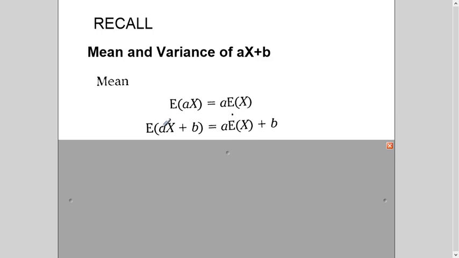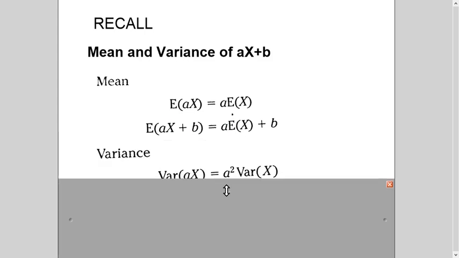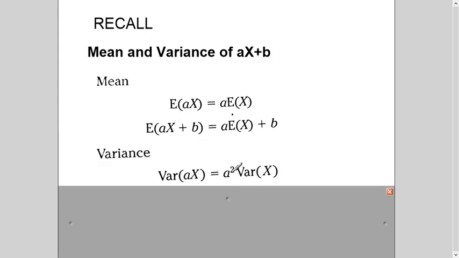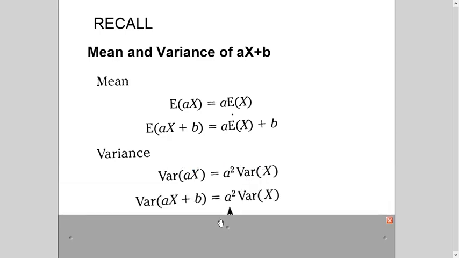Similarly, if it is the mean of ax plus b, you have to understand the type of function we are taking here. So it is the constant multiplied by the mean of x, plus b. The constant is added as it is. In variance, the important thing, if you compare with the mean, is that it is squared. So when a goes out, it is squared. This is the important thing.